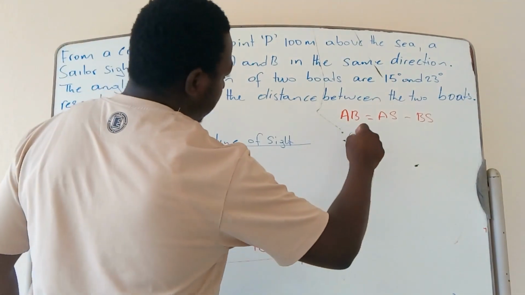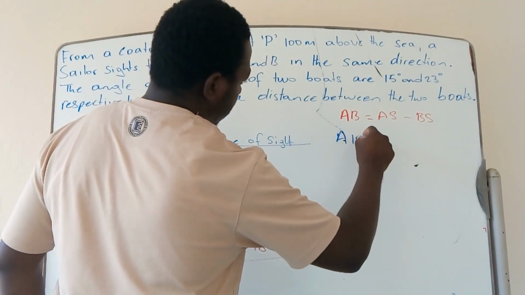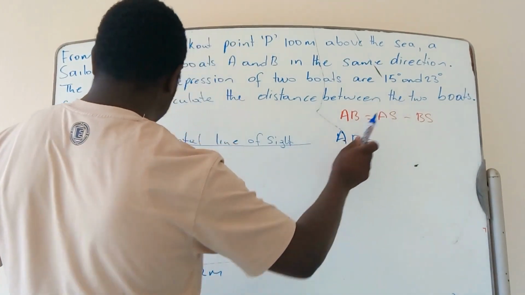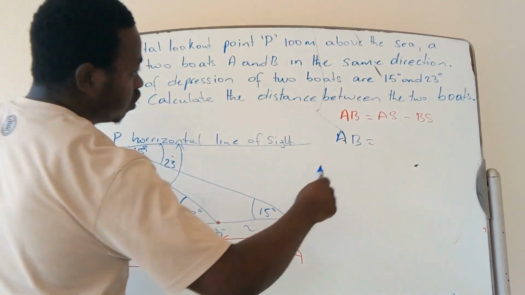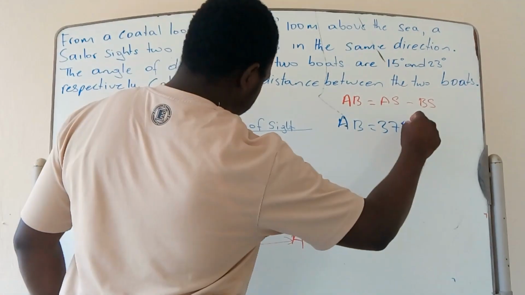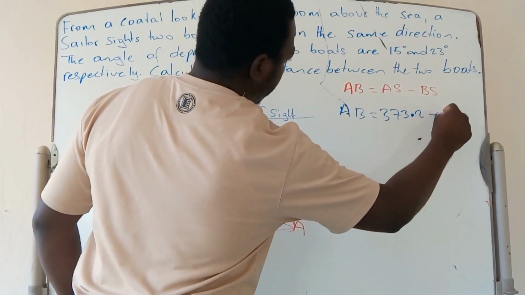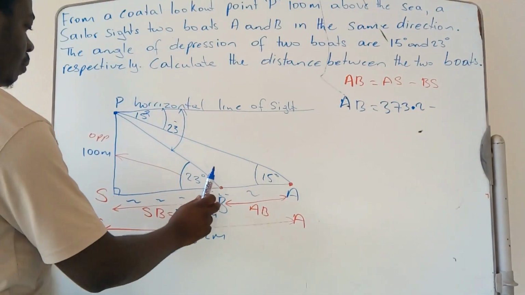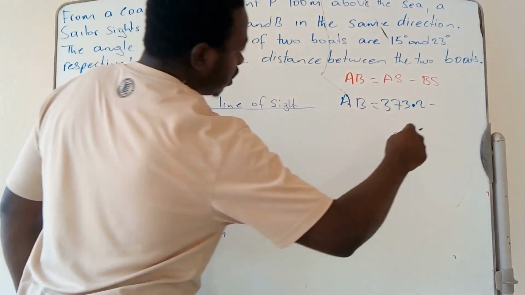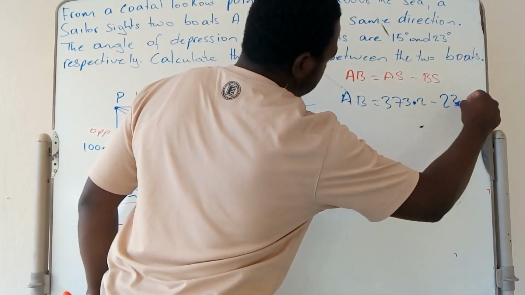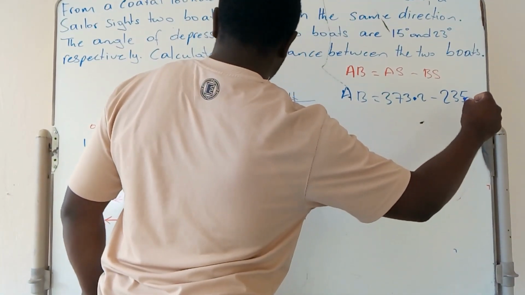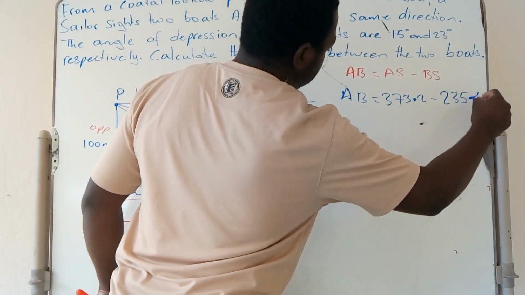So now we know that AB is equal to AS. What is AS? AS is just 373.2 minus BS, right? BS is what? 235.6.